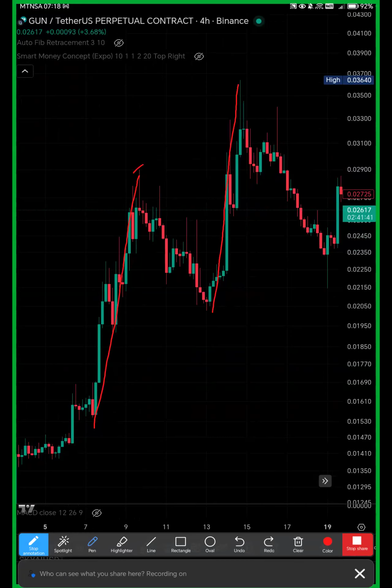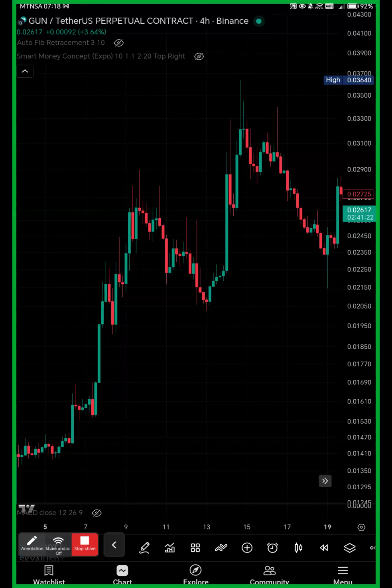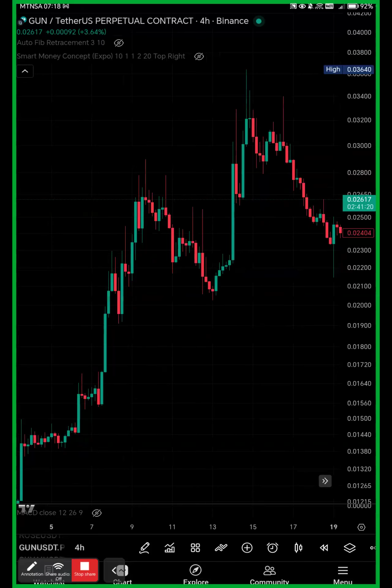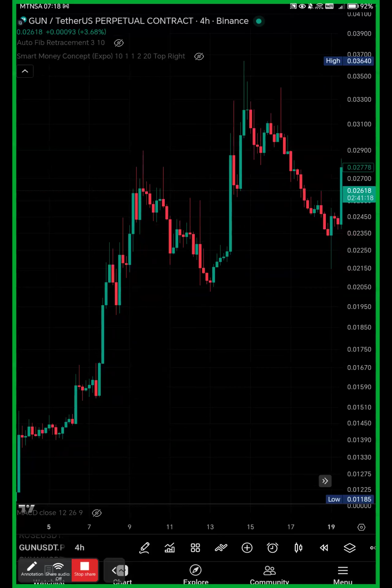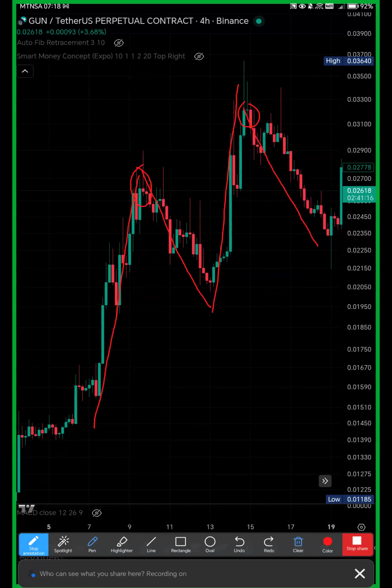So their appearance signified something. Can you see what happened after that pin bar? Can you see what happened after the doji? If you are to notice this, you're not going to enter here.